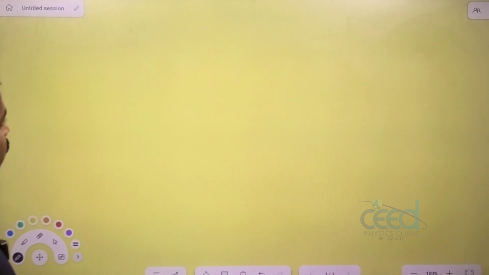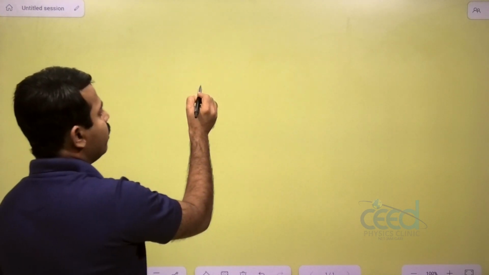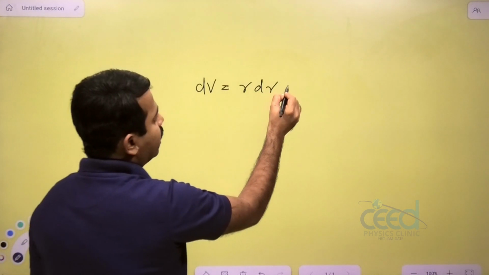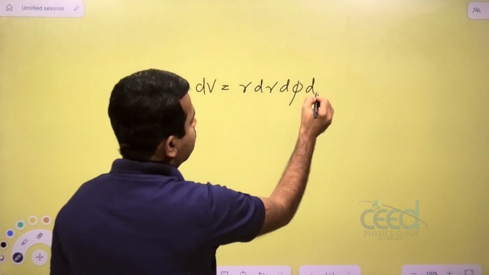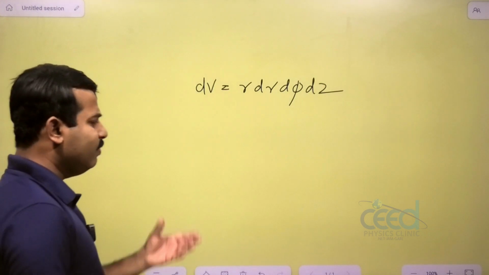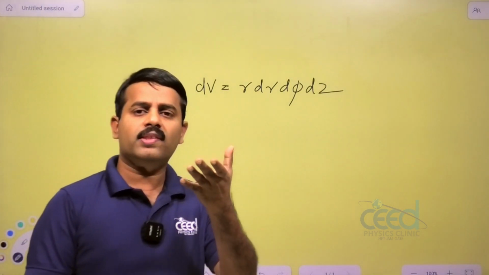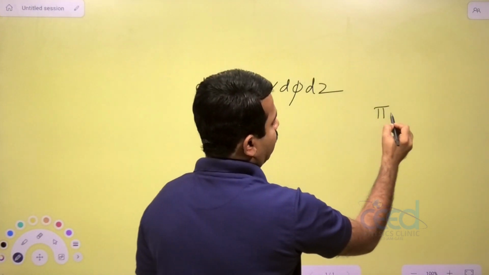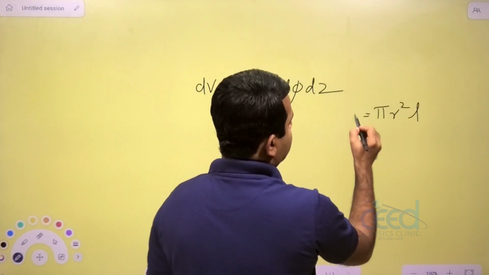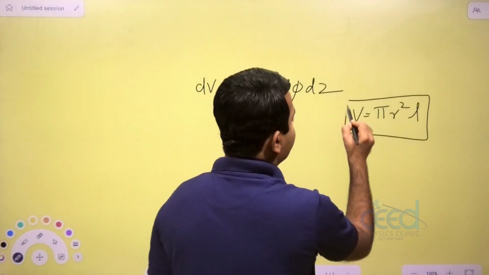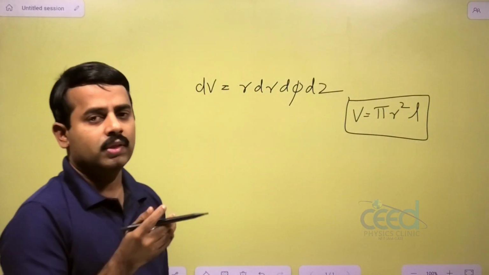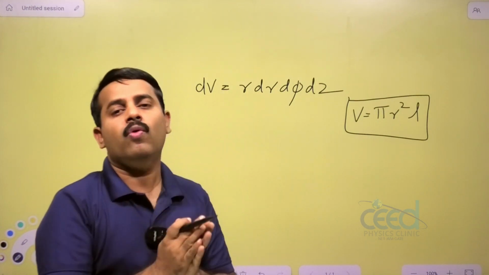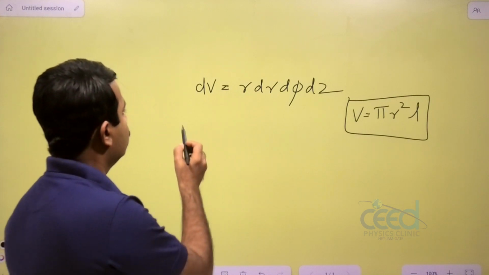Now see, the volume element I got is r dr d phi dz. If it is volume, you know the cylinder volume is pi r square h, pi r square L. So if I integrate this small increment volume, then I should get the complete volume of this cylinder. Alright, so let us do it.